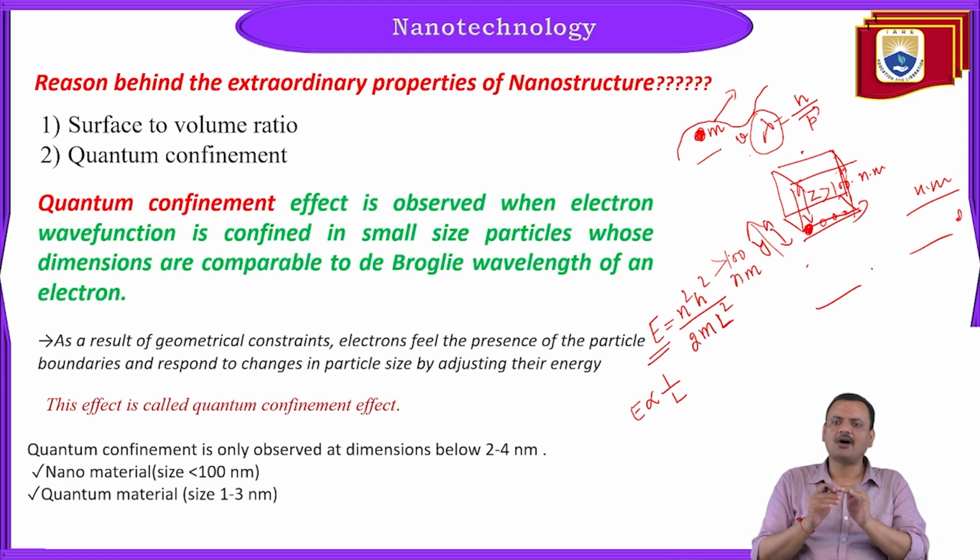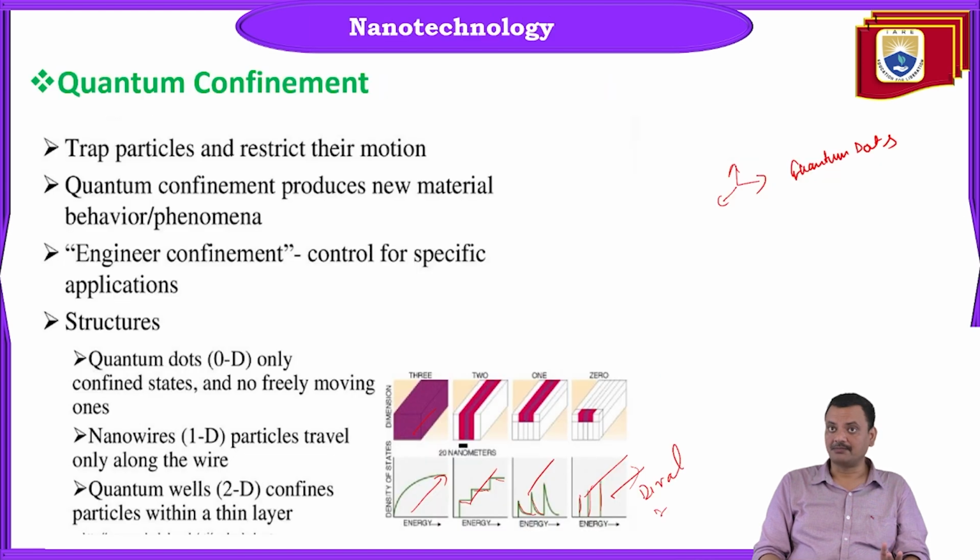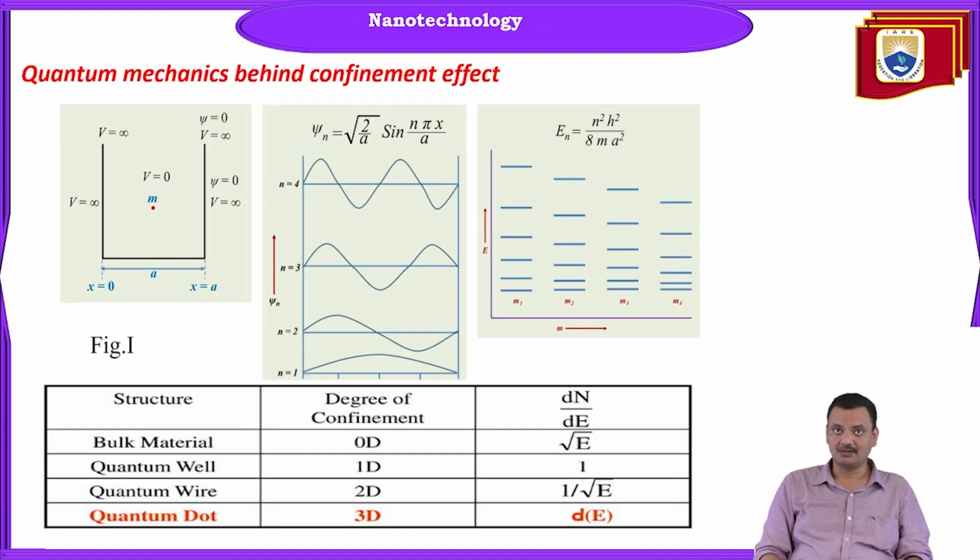That's why all the atoms will take part in reactions or respond to any signal. So the properties of nanomaterial will change due to the surface to volume ratio increment, and due to quantum confinement, which I already discussed.